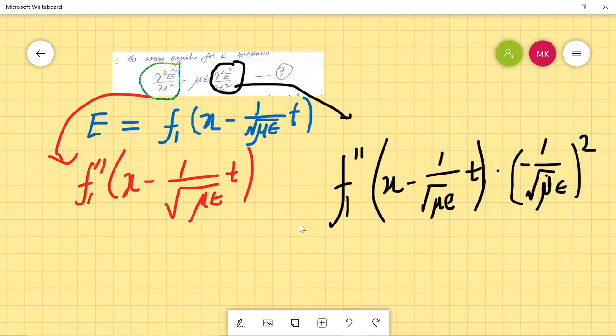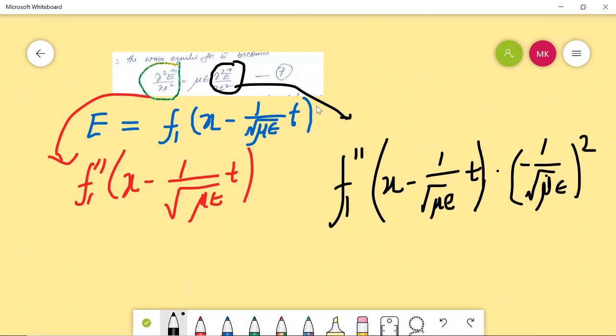This is one type of solution. Another, you can take one more function.